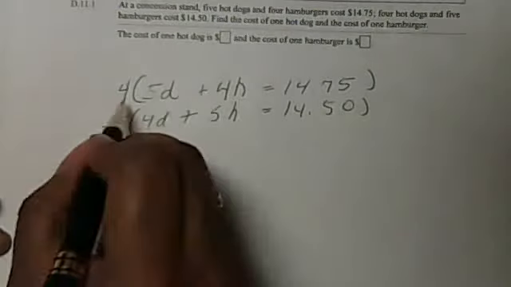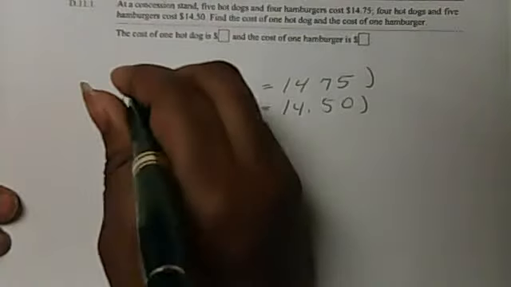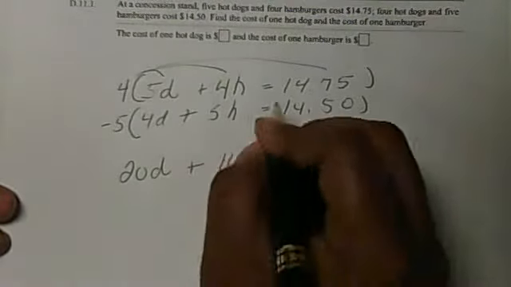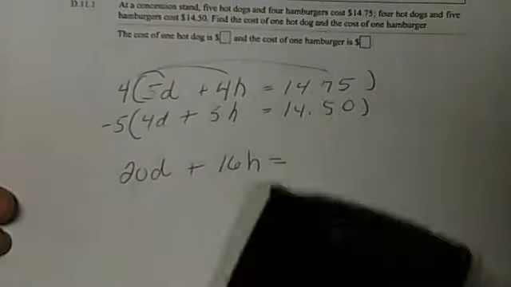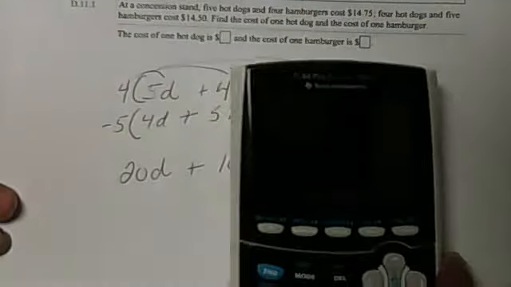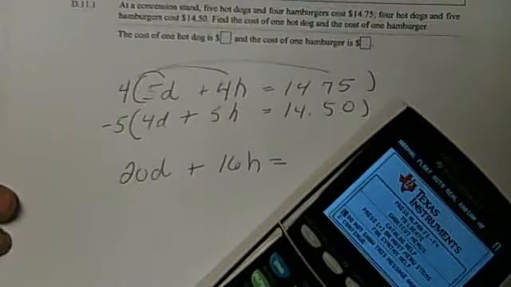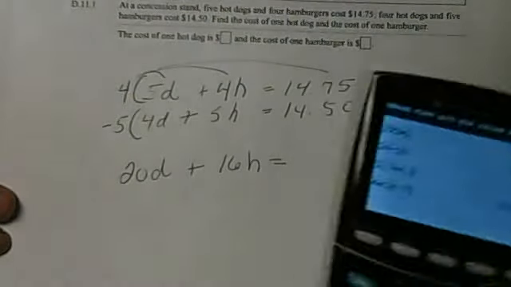When I do that, this will become 20, and that'll become -20, which I can then cancel out. Okay? So 4 times 5 is 20D, plus 16H is equal to 4 times 14.75. That is 59.